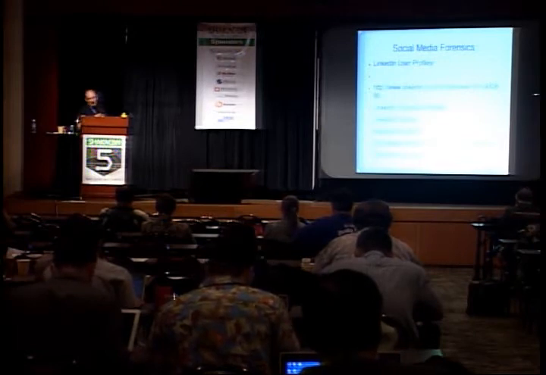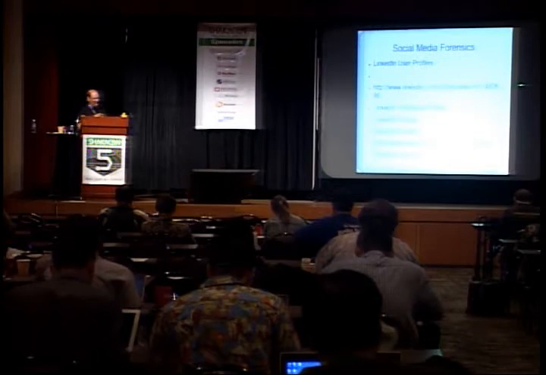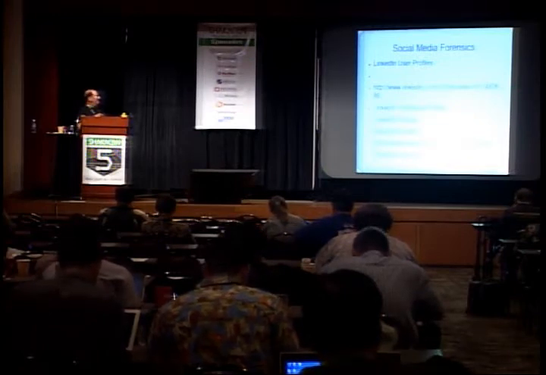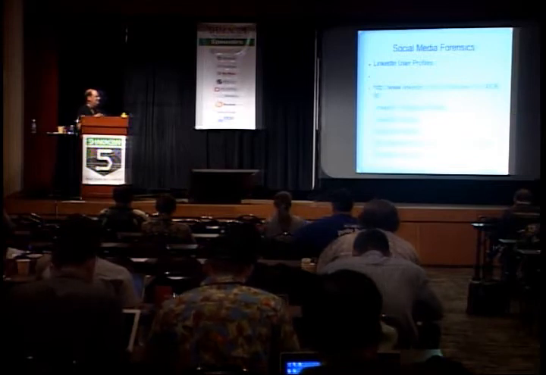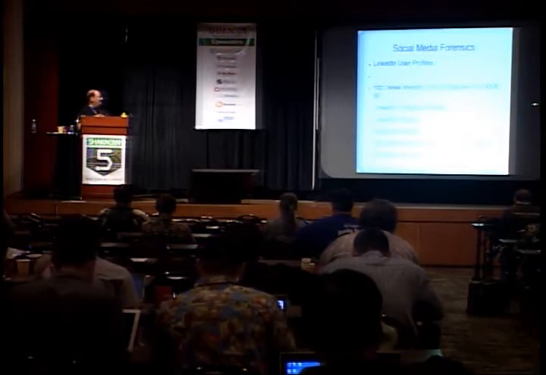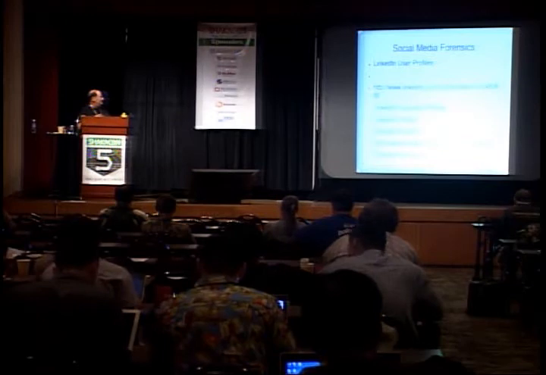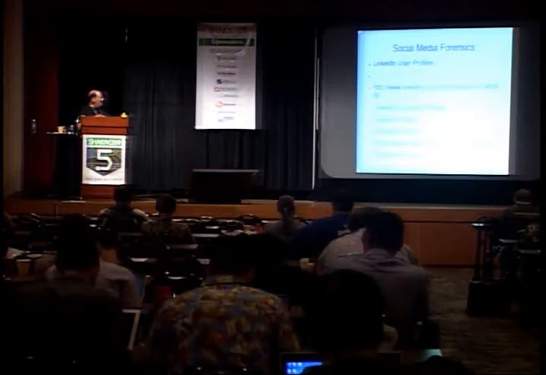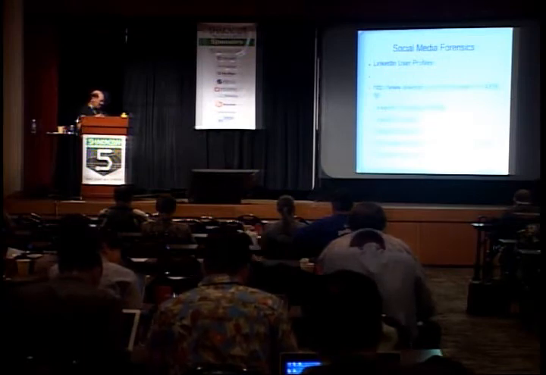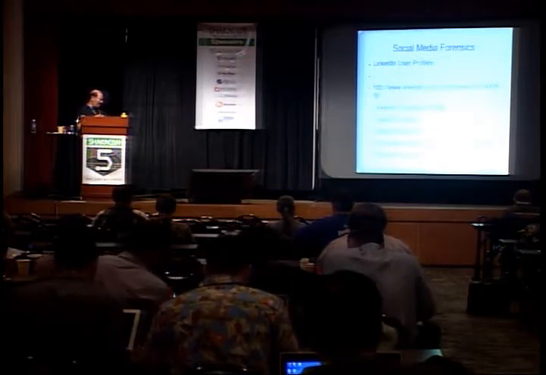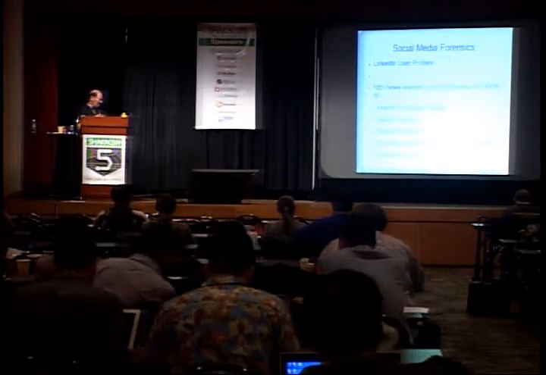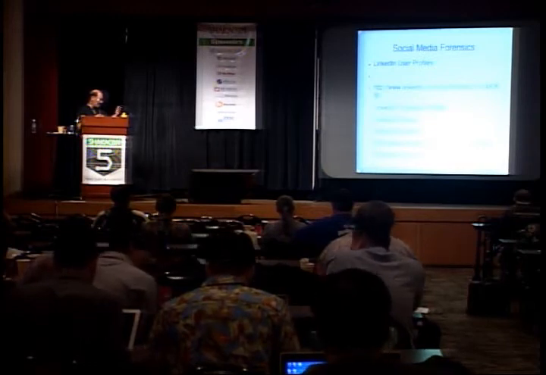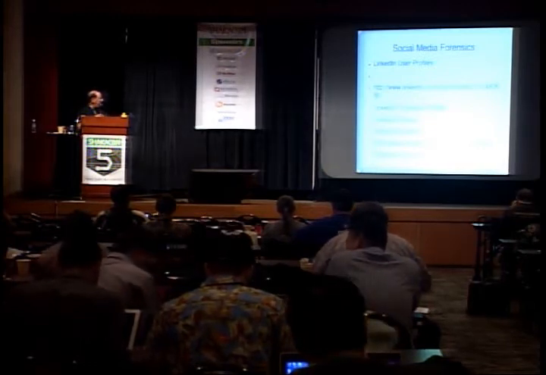And of course, the other reason we like numbers in the investigation world is because there's lots of Joe Smiths out there, right? There's lots of Lisa Smiths out there. So you can't just go on LinkedIn and search for Joe Smith and find the person you're looking for. But once you've homed in on that number, now you can start tracking down who are their friends and who are the people they've worked with, what are the groups they belong to, things like that.